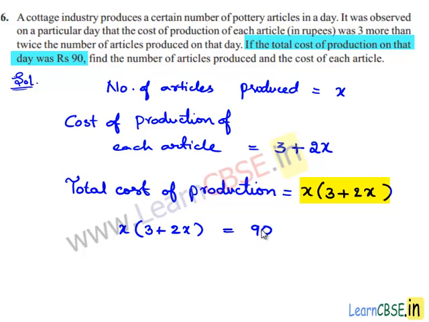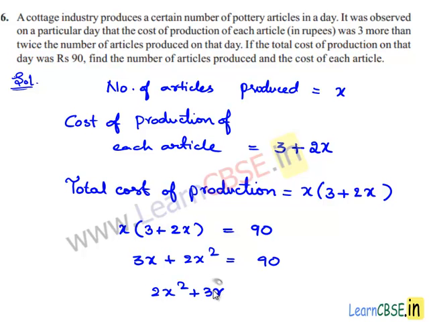So this is equal to 90. So this becomes 3x plus 2x² is equal to 90. We can write 2x² plus 3x, and plus 90 can be transposed to LHS, and this becomes minus 90 is equal to 0.